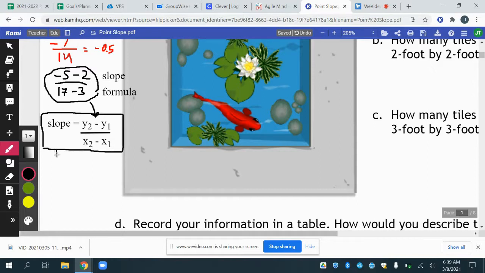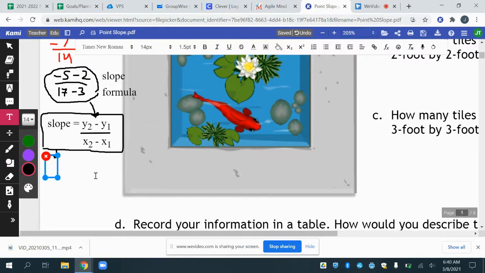Okay, so another way I could write this is, I can do it backwards. So y2 minus y1 over x2 minus x1 equals m.